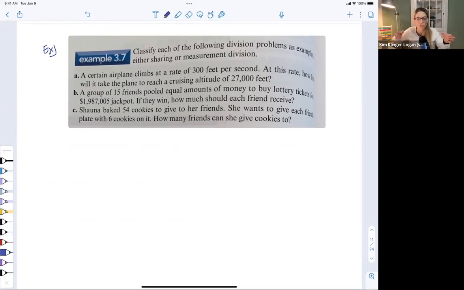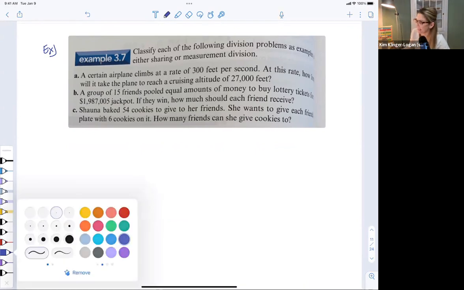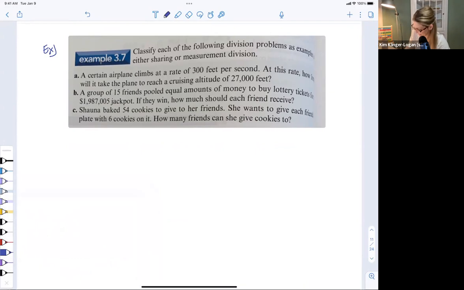We measure the first 300 feet, then the second 300 feet, and the third 300 feet, and we have to do this 9 times. So this is an example of measurement division, because we're measuring them out bit by bit.